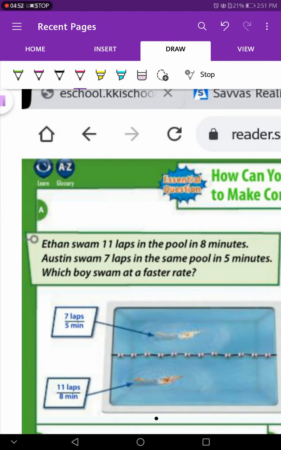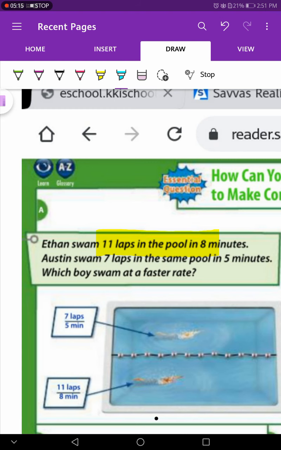Let us take another example. Ethan swam 11 laps in the pool in 8 minutes. Austin swam 7 laps in the same pool in 5 minutes. They're fighting. I'm faster, Ethan said, and Austin too. So, which is faster? Can you judge between them? I think yes.